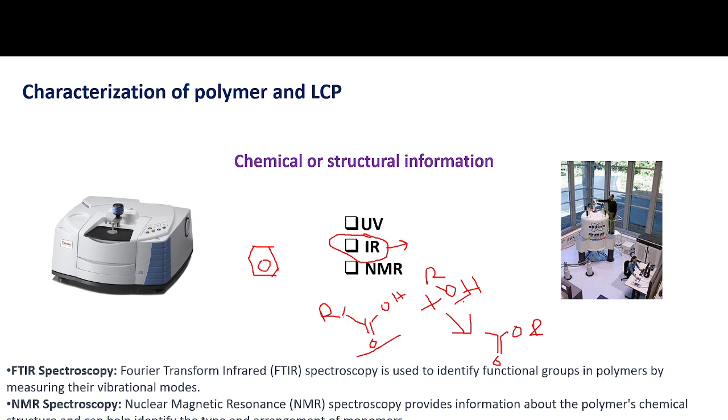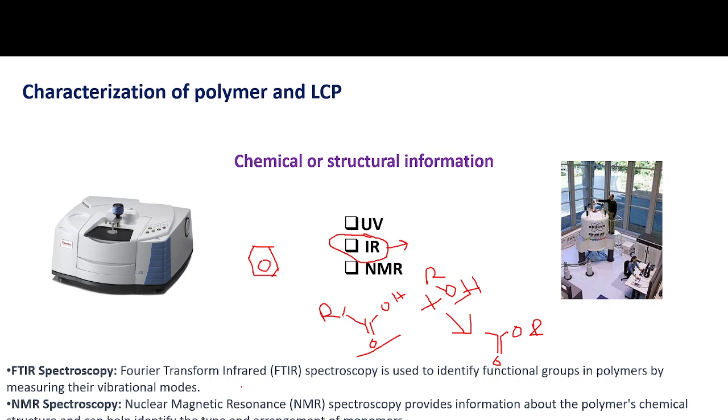For OH, the IR frequency comes around 2500 to 3000. The carbonyl comes around 1700 to 1800. For the acid peak and the ester peak, we can identify them from IR spectroscopy. So from IR spectroscopy we can identify that in our polymer system no monomer is present, or we can say our monomer has been converted into polymer.